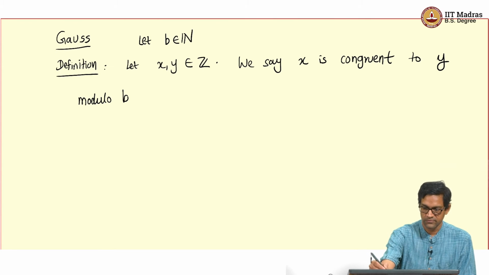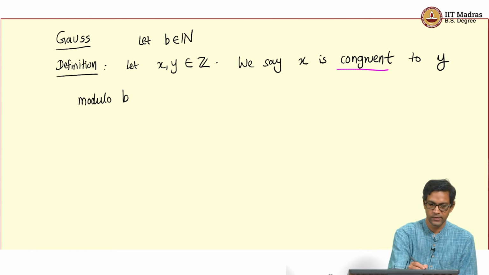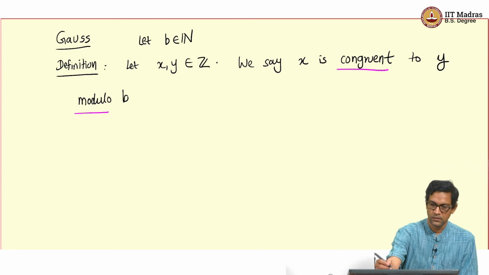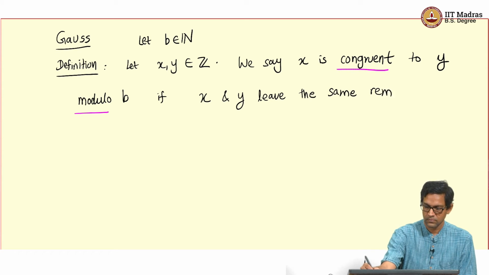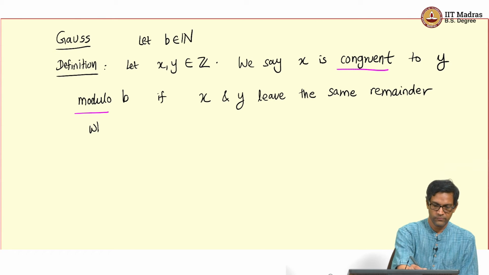So all these different words here: one is congruent and the other is modulo. If the following happens: if x and y leave the same remainder when divided by b.